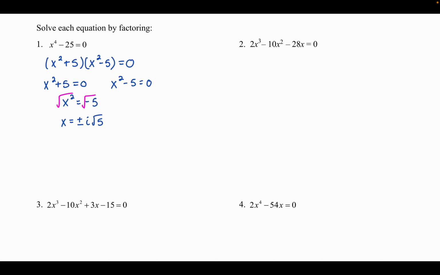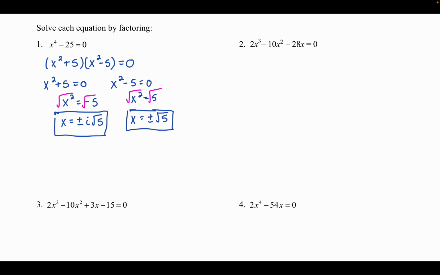For the next one, I'm going to add 5 over, take the square root again, and this time I'm just going to get plus or minus square root of 5. So here are my solutions, and there's actually 4 of them because I have plus or minus for each one. So I have 4 solutions to this first equation.